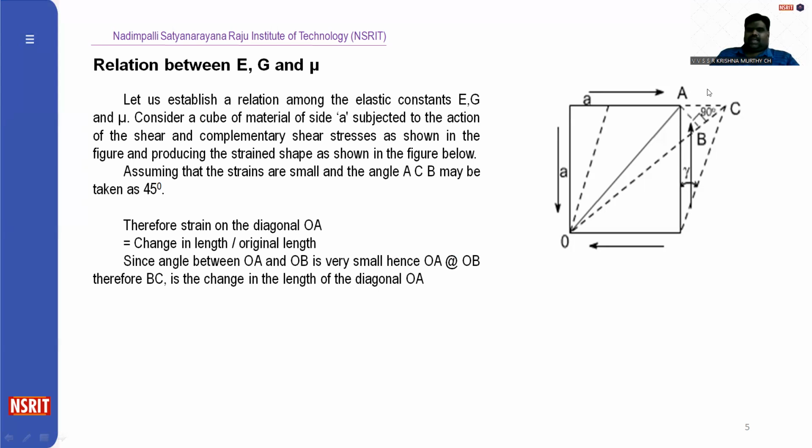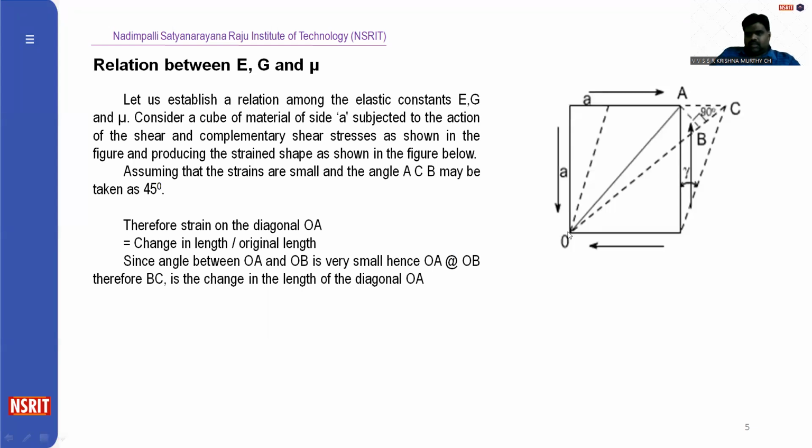Okay, so now let us take a block like this, a rectangular plate, with elastic constants E, G and Poisson's ratio mu. Whenever this cube is subjected to a load, there will be complementary shear stress acting. So now assuming a small angle of strain is applied, and this will be reflected as ACB.